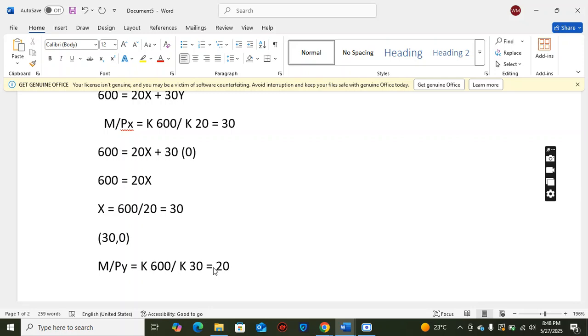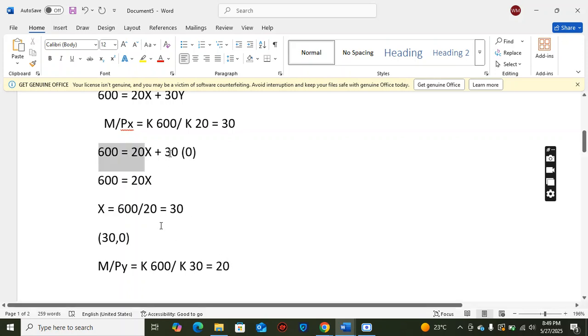So if they want to just buy milk, they can only buy 20 units of milk. The other way you could have done it, since they're only buying milk, is that they're buying 0 units of X, then you substitute X for 0 and find the value of Y.